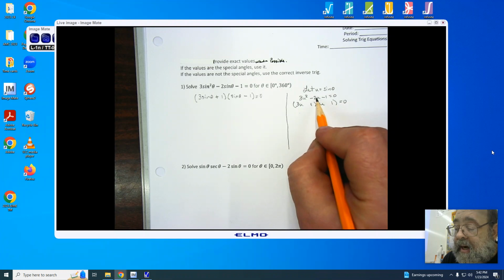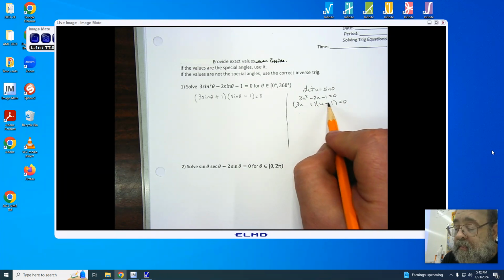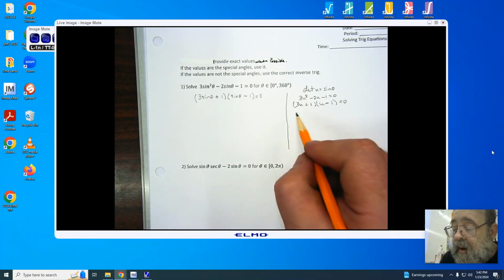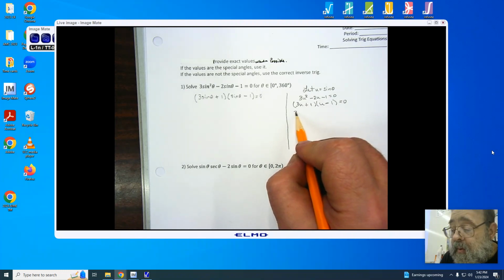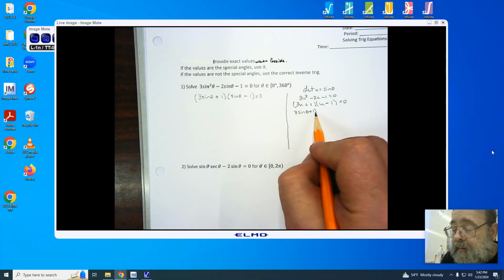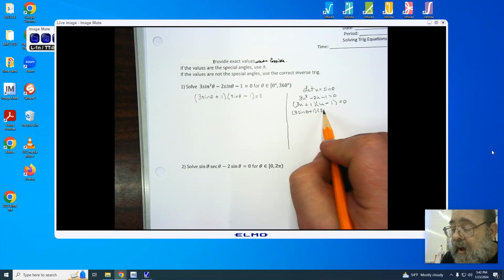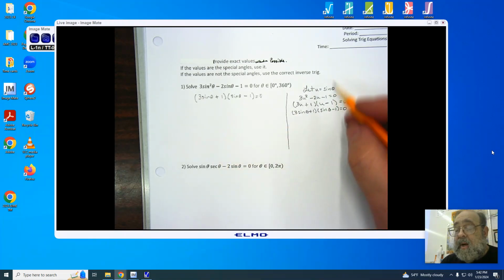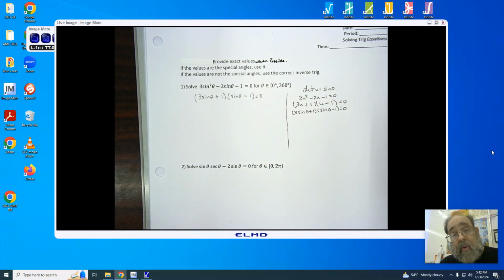We still need to get a negative 2, and that would force me to multiply the 3u by a negative and the 1u by a positive. We then back substitute. So we now have 3 sine of theta plus 1 times the sine of theta minus 1. Now you notice it took me a couple of extra steps with the dummy variable, and some people aren't going to want to do that. You do not have to. This is entirely a choice based upon how well you factor.